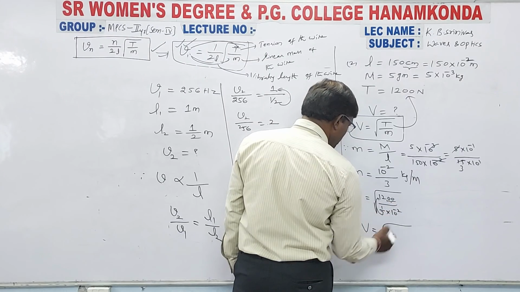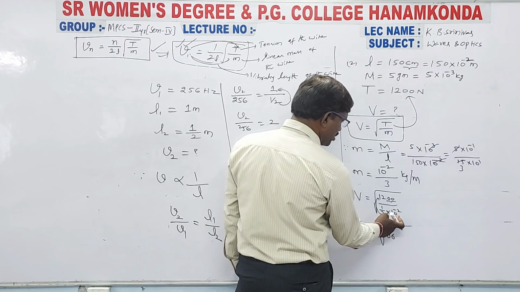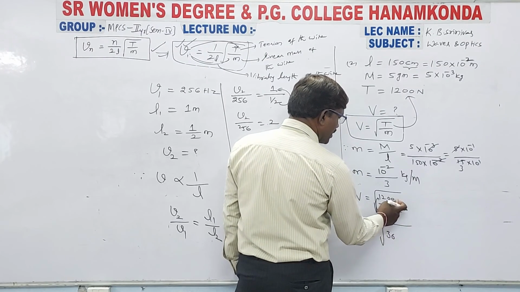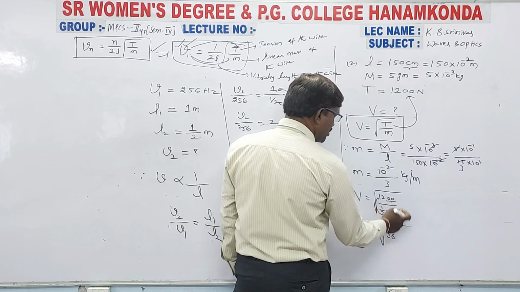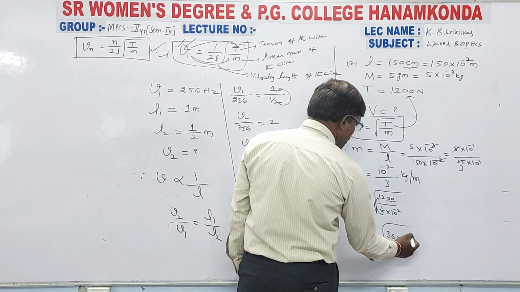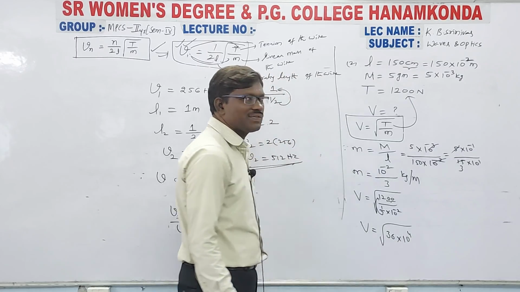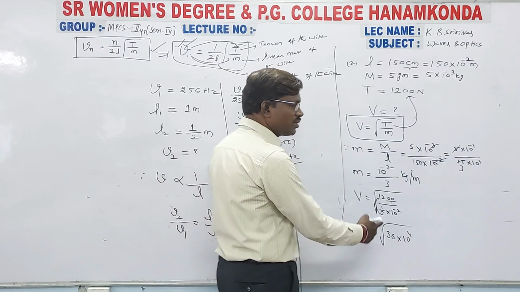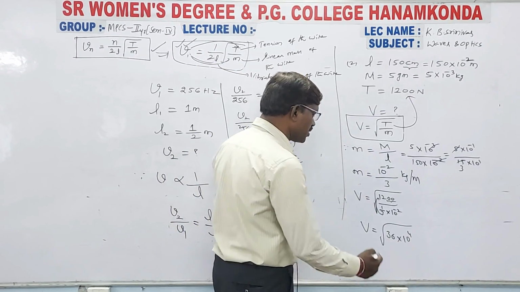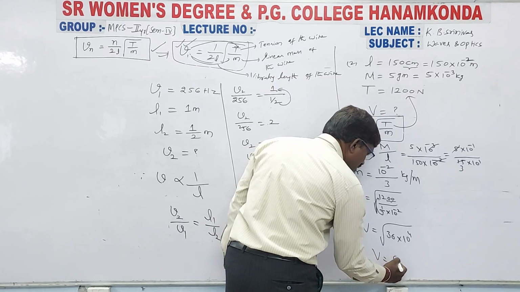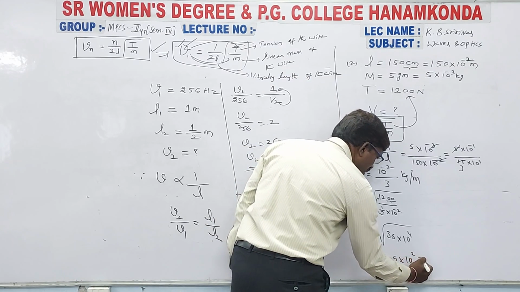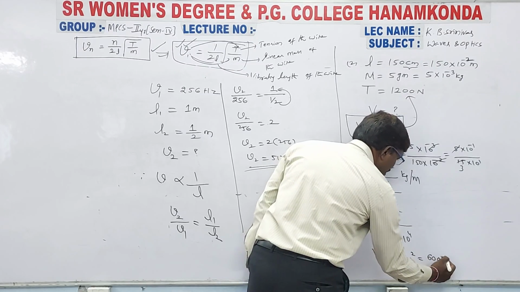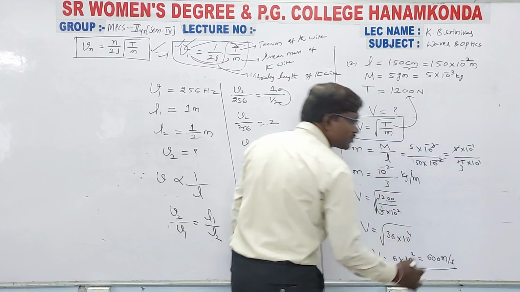Already here we are having 2 zeros. If I take 10 to the power of minus 2 from the denominator to the numerator, it becomes 10 to the power of plus 2, so 10 to the power of plus 4. Square root of 36 becomes 6. Square root of 10 to the power of 4 becomes 10 to the power of 2. So, finally, we get 6 into 10 to the power of 2, which can also be written as 600 meter per second. This is the answer.